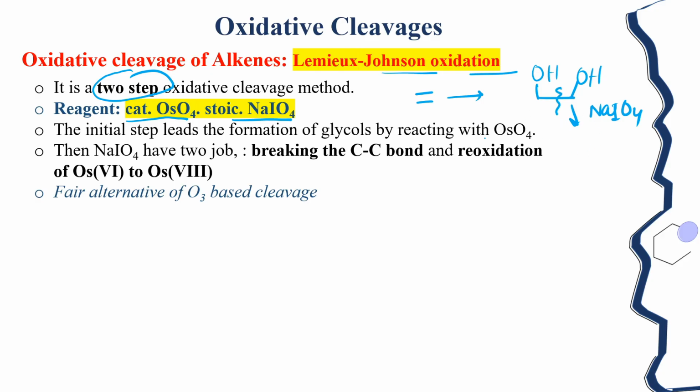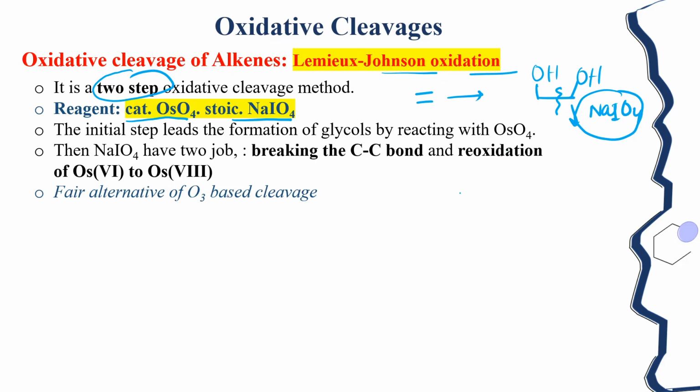Here NaIO4 actually has a dual role in this reaction. The first is obviously breaking the carbon-carbon bond, and if you remember the OsO4-based cis-dihydroxylation that I already discussed in, I think, class 19 or 20.